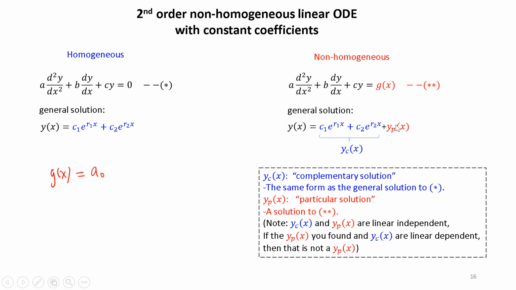The particular solution has the form of also a constant, for example, alpha naught. If your g(x) is slightly more complicated, for example a naught plus a1 x, then the particular solution will take this form.